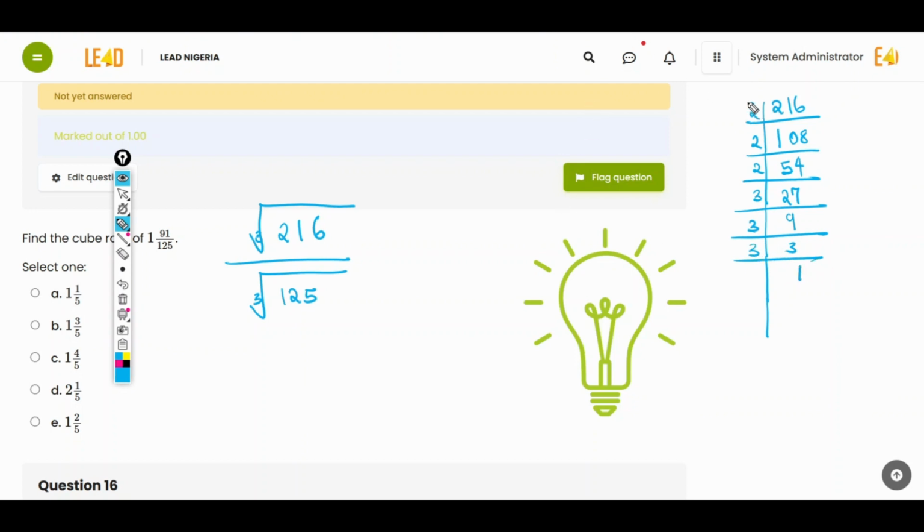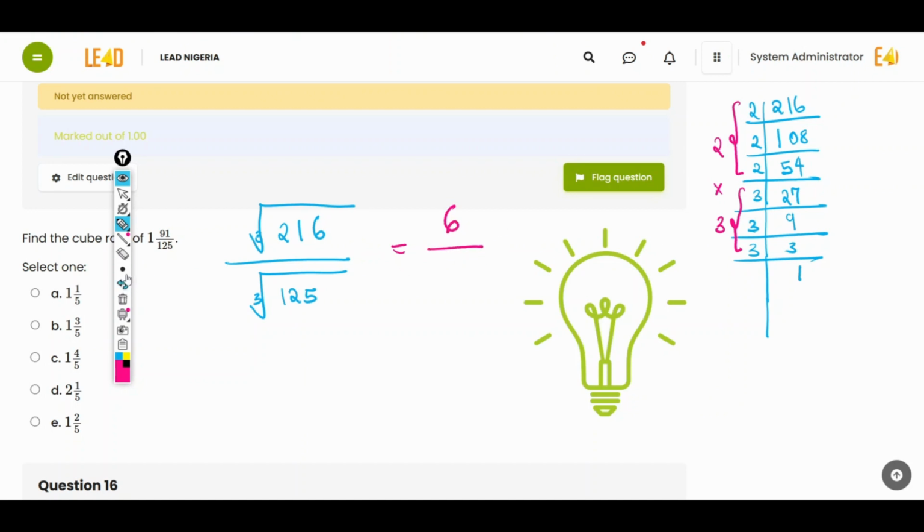Since it's cube root, we take them in threes. If it was square root, we would have taken them in twos, but it's cube root, so just pick the first group of 3, the next group of 3. So we have 2 times 3. That means that the cube root of 216 is 6.